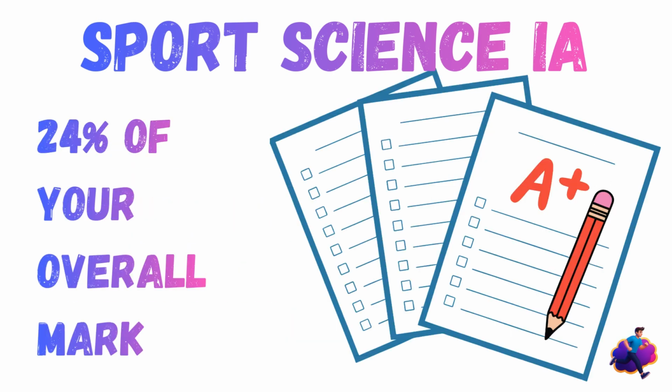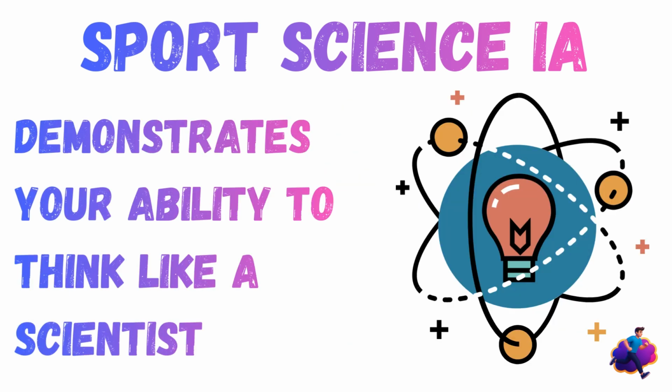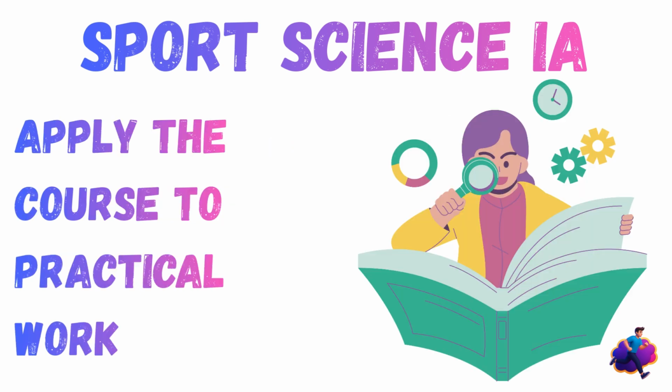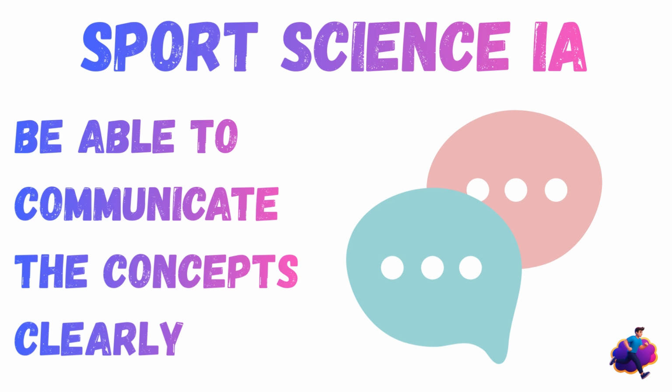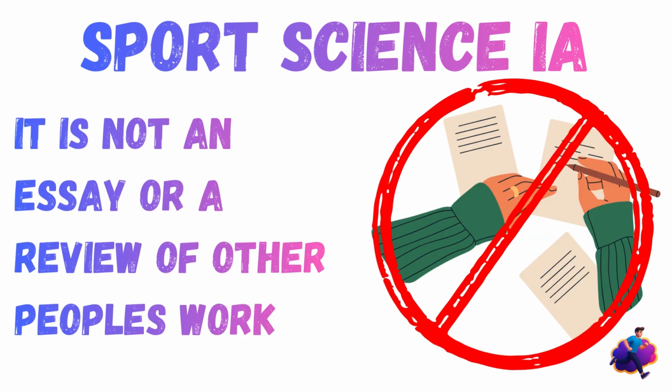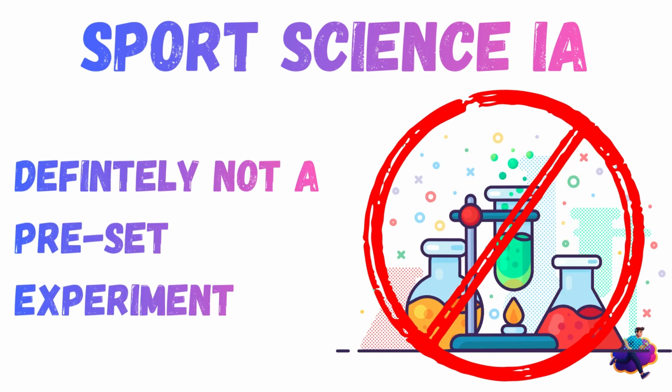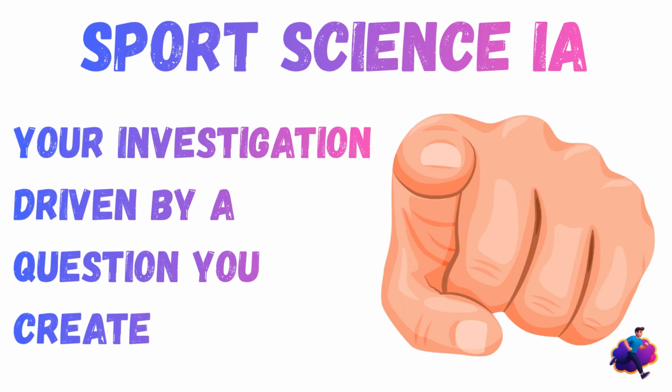It counts for 24% of your final grade, but more importantly, it shows the examiner how well you can think scientifically, apply the concepts from the course, and communicate your understanding of the course clearly. It is not an essay, nor is it a review of other people's work, and it's definitely not a preset experiment. This is your investigation driven by a question that you are going to explore.